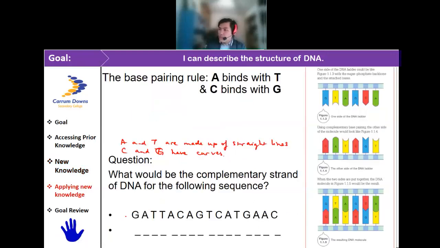Because of that rule, you would always know the other strand. So what we have here is the letters for one of the strands, and we just want to find the other strand.